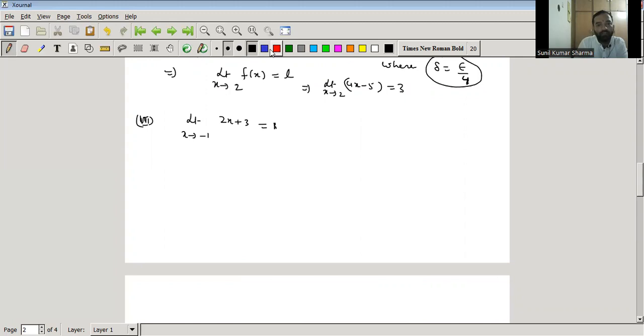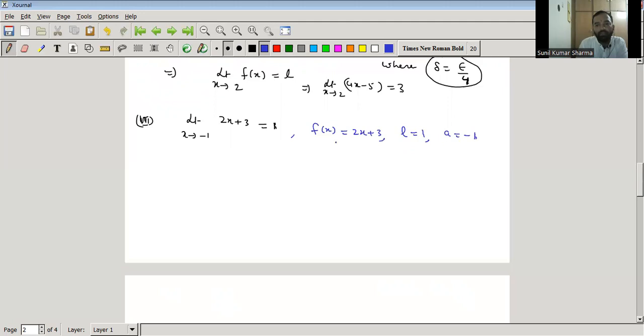Here fx is equal to 2x plus 3, the limit L is equal to 1, and point A is equal to -1.